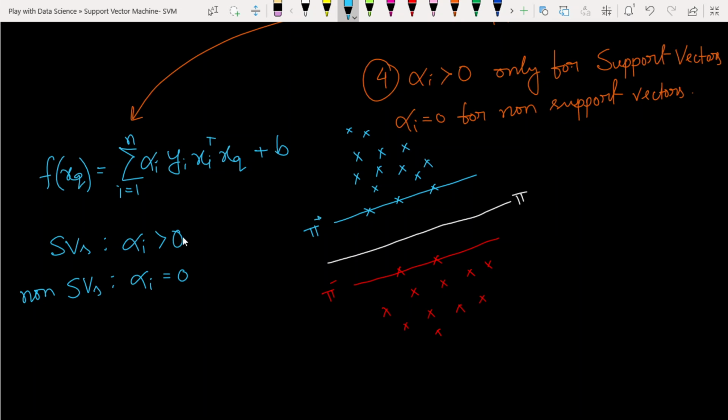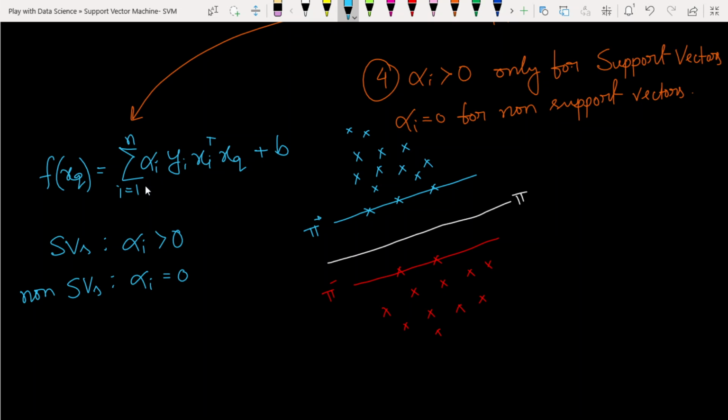If we consider these non-support vectors, these portions will simply be deleted because alpha is 0 here. So for non-support vectors this portion goes to 0, and only for support vectors do we have to calculate this portion.